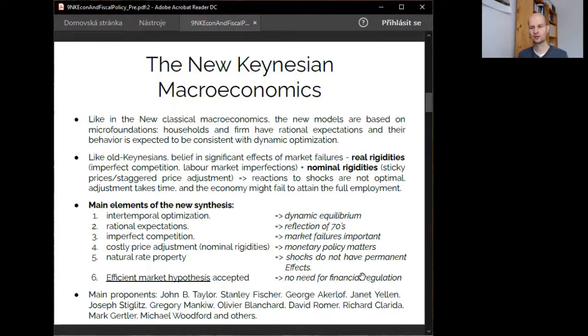So John Taylor, Stanley Fischer, George Akerlof, and Janet Yellen. Also Joseph Stiglitz and Gregory Mankiw, Olivier Blanchard, David Romer, Richard Clarida, Michael Woodford, Mark Gertler, and many others.